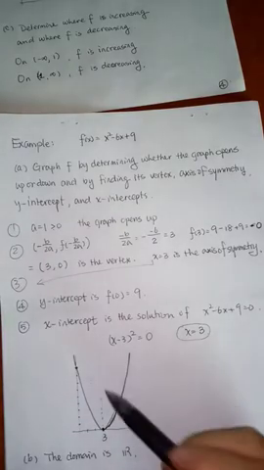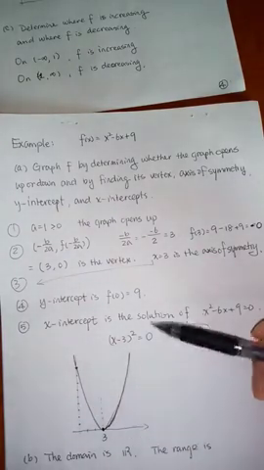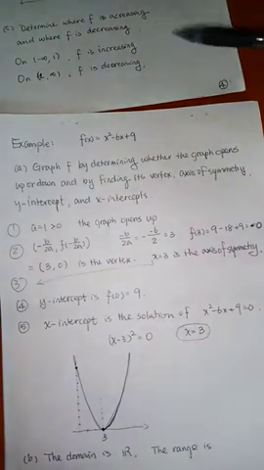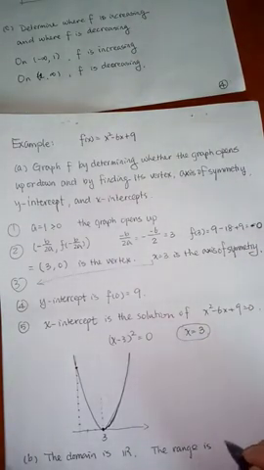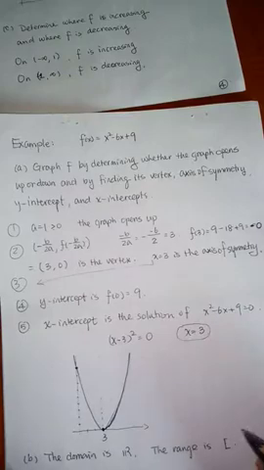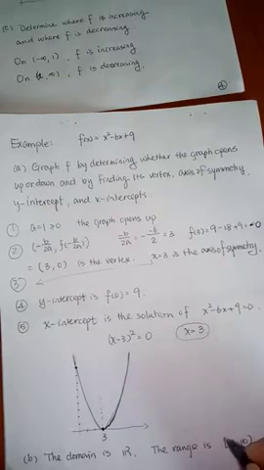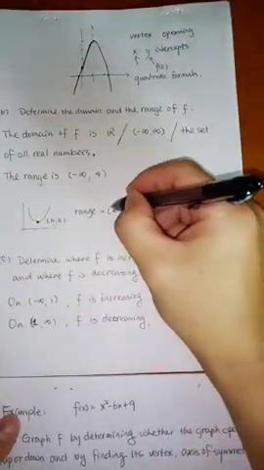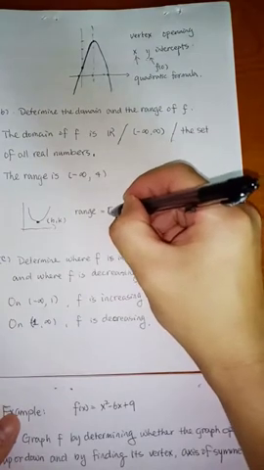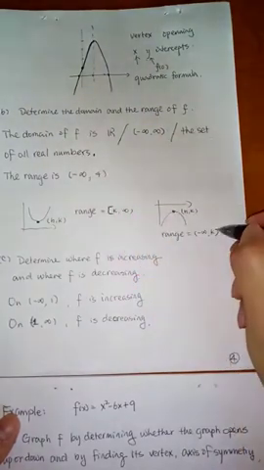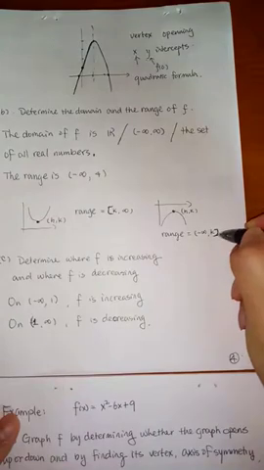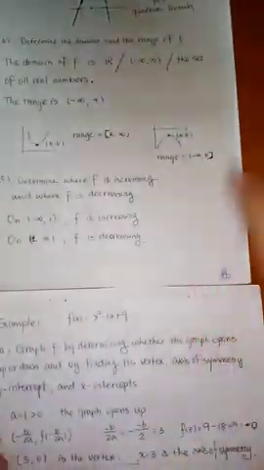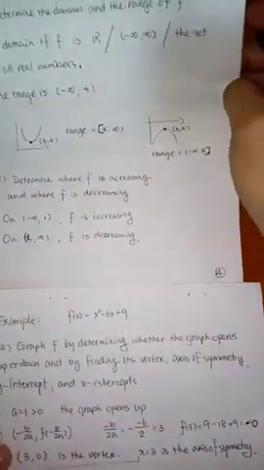The range: remember we mentioned if the graph opens up, it's from the vertex to infinity, including the vertex. Here I think we got some small error, so this is including.